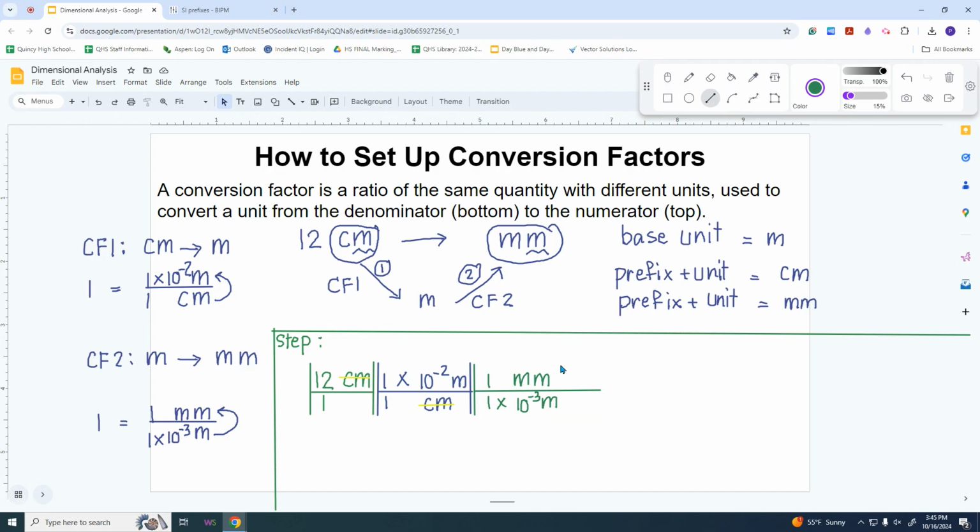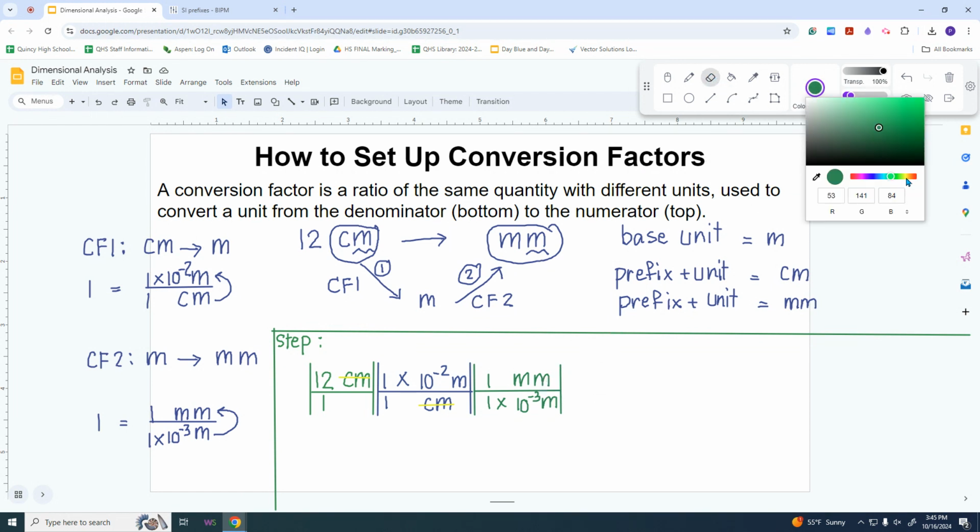Close the bracket. Just like what we did before, the moment you put the conversion factor down, you are going to cancel the same unit right away, so you will not get confused. So meter and meter will cancel each other out. At this moment, you see that the unit that you want is only millimeter over here, okay?